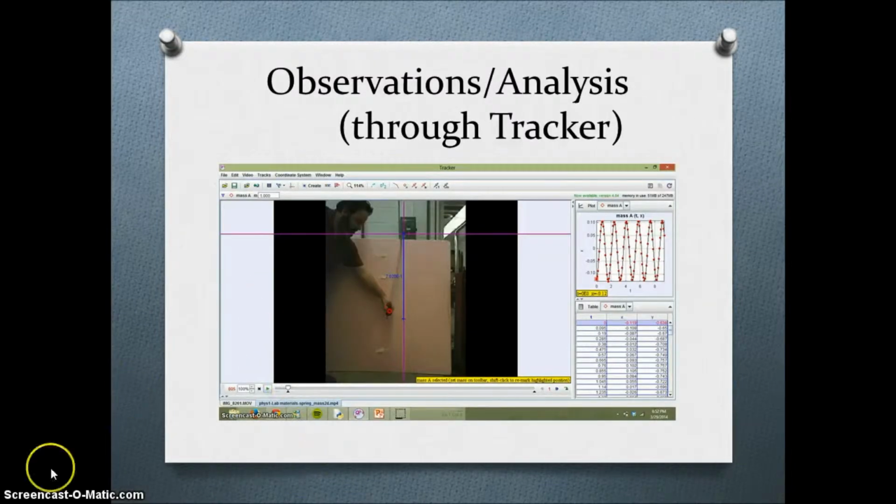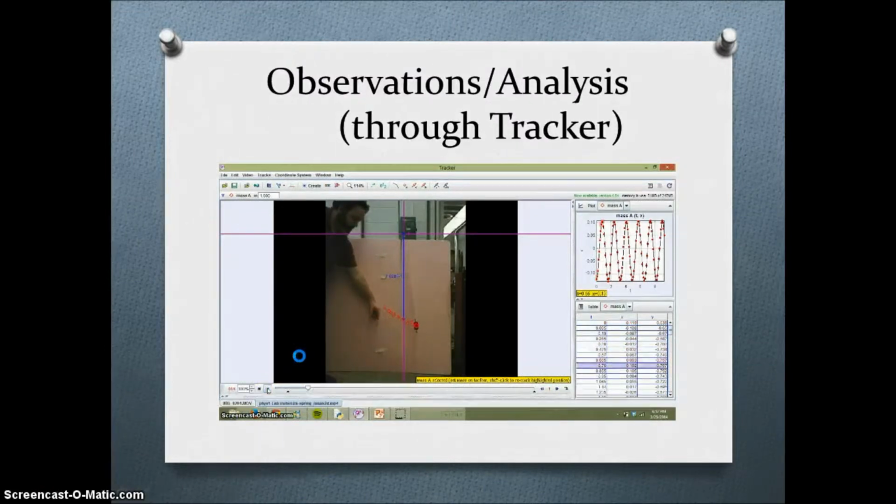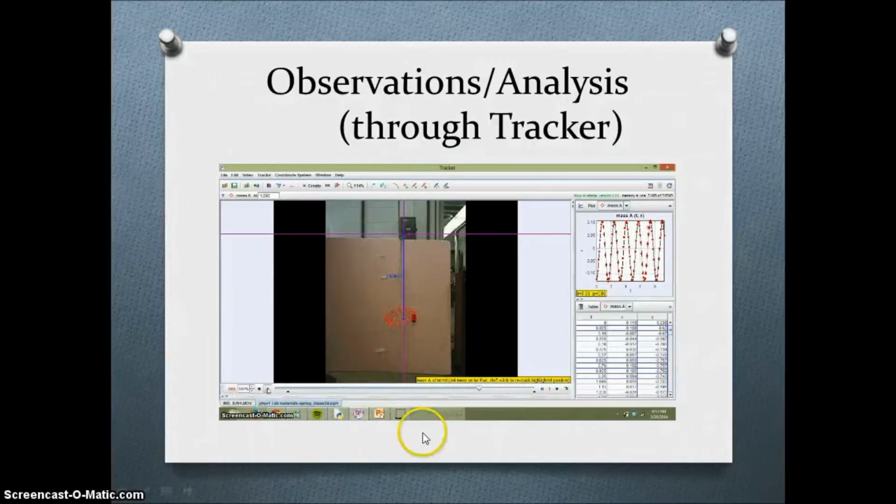So our observations through Tracker. First we set our coordinate system with the origin at the fixed point that our spring hung by. We then calibrated its length to 0.702 meters, and we calculated its point mass at different instances along its route.